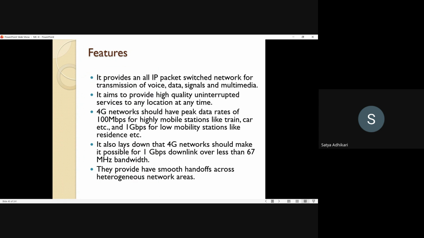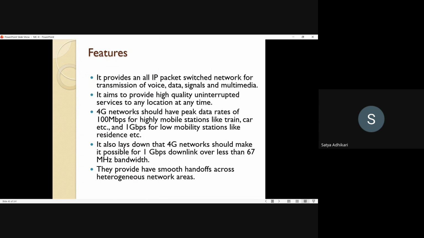It provides an all IP packet switched network for transmission of voice, data, signal, and multimedia. Like your GPRS, it also provides an IP packet switched network. It is not circuit switched, it is a packet switched network, like GPRS network or 2G or 3G.